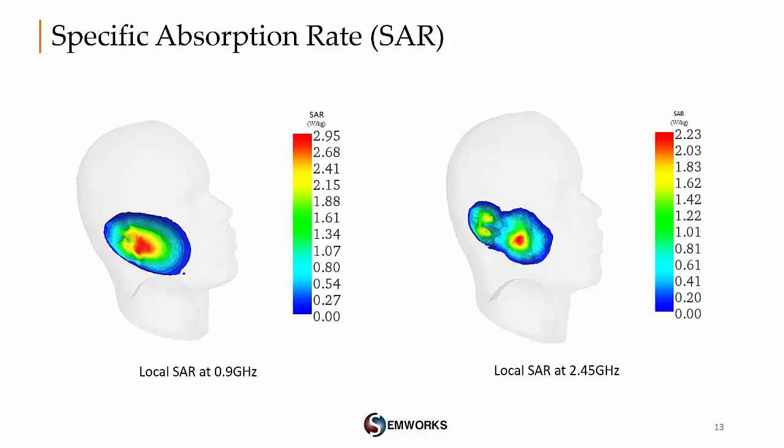So, for the input powers, we will use 24 dBm for the lower frequency of 900 MHz, which is equivalent to 250 mW. And for the high band frequency of 2.45 GHz, we'll use 21 dBm, equivalent to 125 mW.